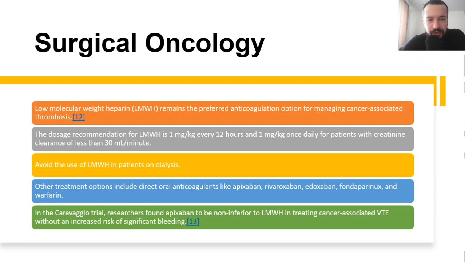Other treatment options include direct oral anticoagulants like apixaban, rivaroxaban, and edoxaban, fondaparinux, and warfarin. In the Caravaggio trial, research found apixaban to be non-inferior to LMWH in treating cancer-associated VTE without an increased risk of significant bleeding.